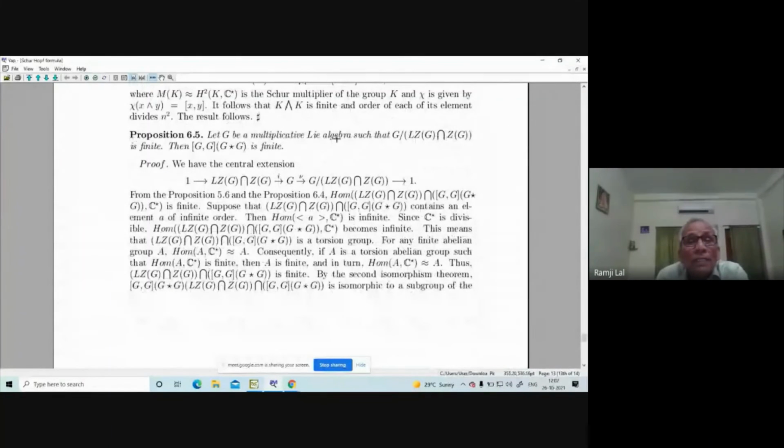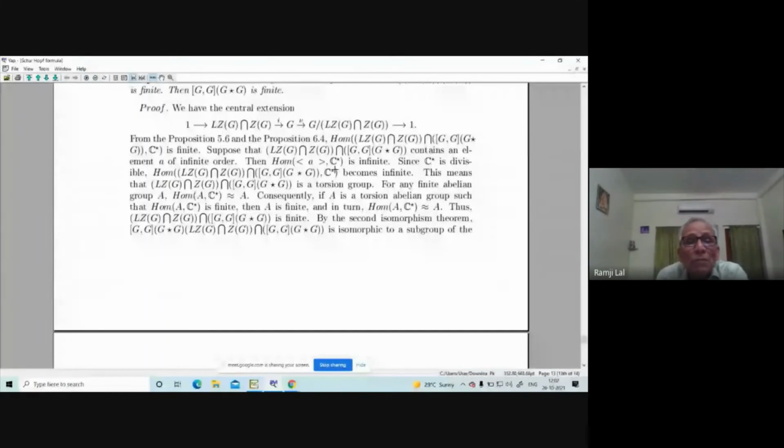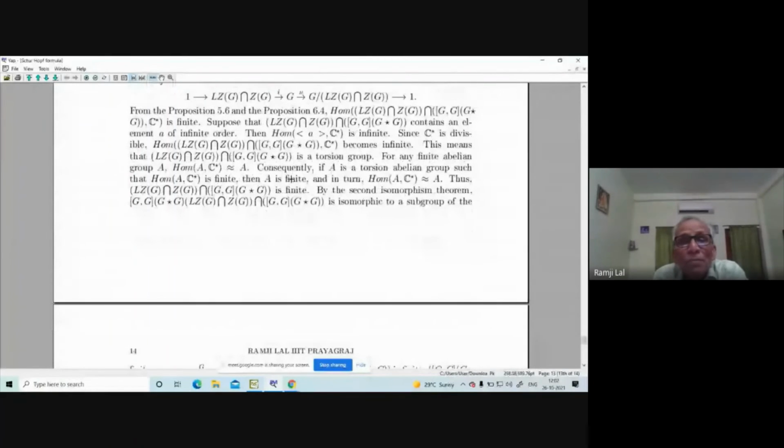So this is finite, and this is a fact which more or less follows from the fact that C star is a divisible group, and applying suitably the second isomorphism theorem. I'm running out of time, so I should have done this on the pad, but I'm quite illiterate, as I have pointed out.